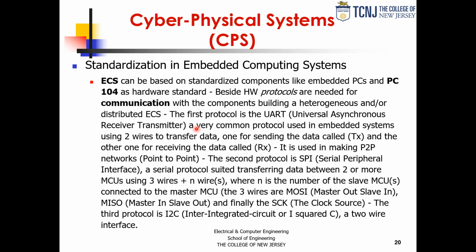Also the SPI protocol, the serial peripheral interface, that uses 3 wires plus enable signals for each of the slaves from the master, so that the master can select which slave is the one that is going to be addressed. So it has three wires, the clock, a master out, slave in signal, and a master in, slave out signal. So that's the data lines.